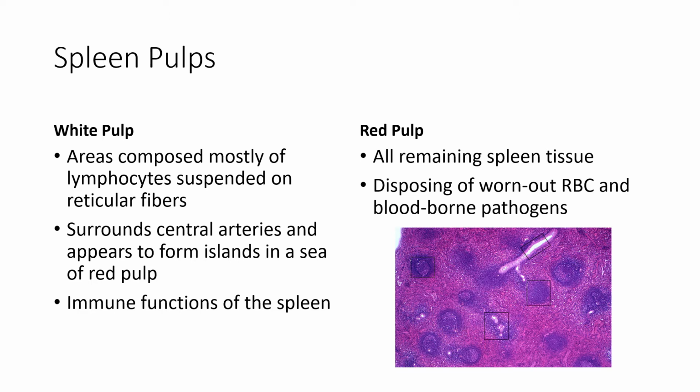Again, those are the big dark purple splotches. And this is going to be where we have the immune functions of the spleen. The remaining pulp, the red pulp, is going to be where we have the disposal of worn out red blood cells and blood-borne pathogens. So that's all the other functions that we see when it comes to the spleen.